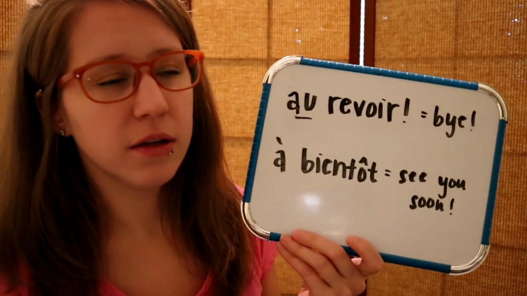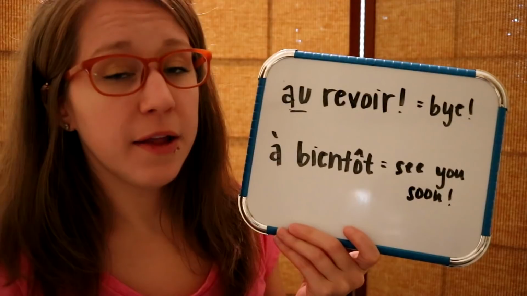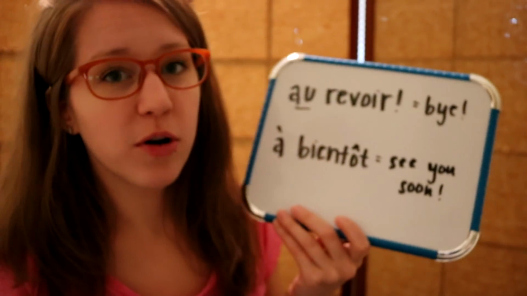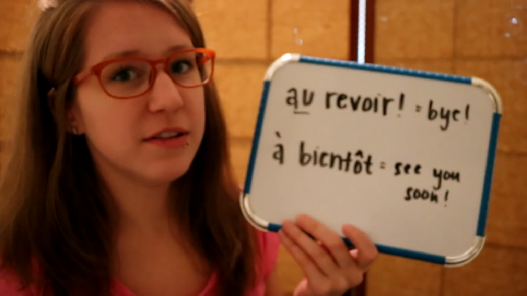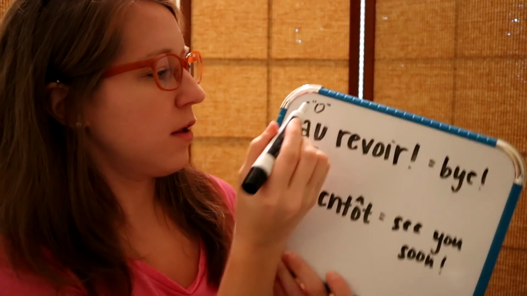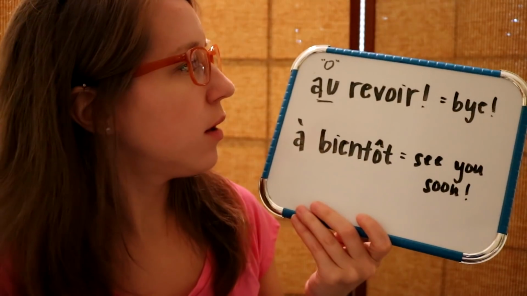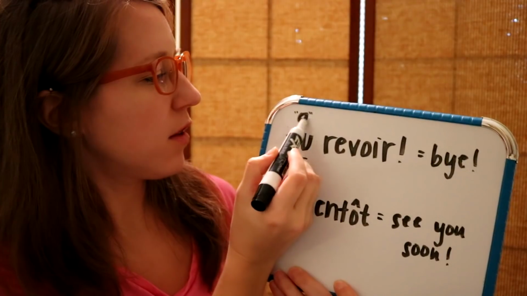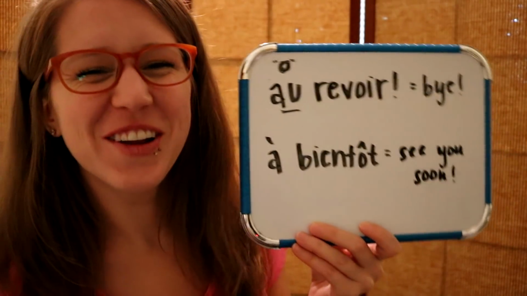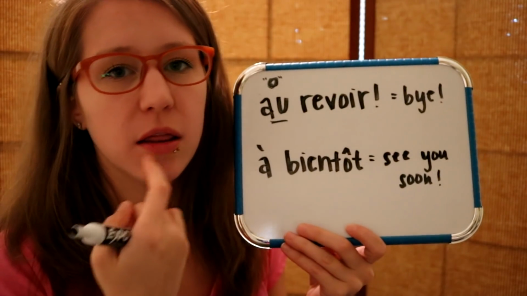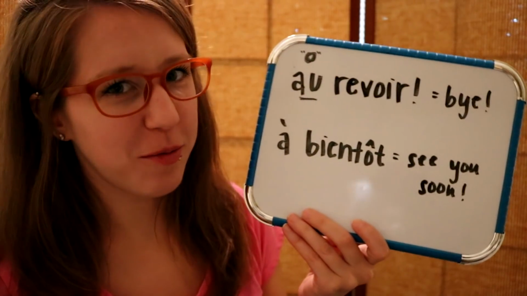Whenever you see this, AU, it doesn't really matter if it's at the beginning, middle, or end of a word. I've never come across an instance where it doesn't sound like an O. So if ever you see the AU, think O and make the O shape with your mouth.